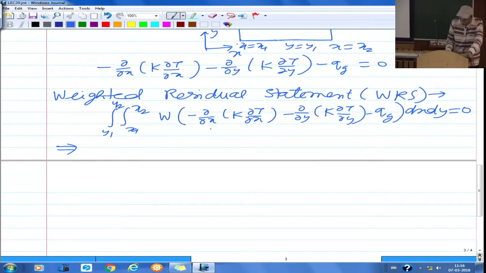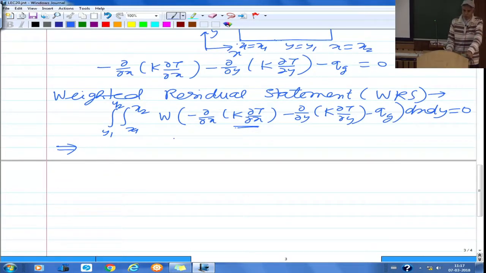Now the first term, which is minus w del by del x of k into del T by del x. Here the derivative is a second derivative with respect to x. So if we do the integration by parts for this term with respect to x, we can shift one derivative from the temperature to the weight function w. So here we want to do the integration with respect to x for the first term.